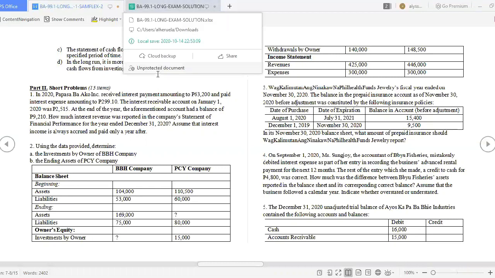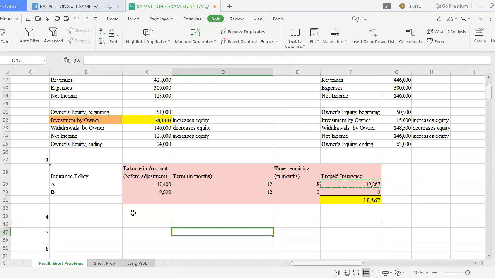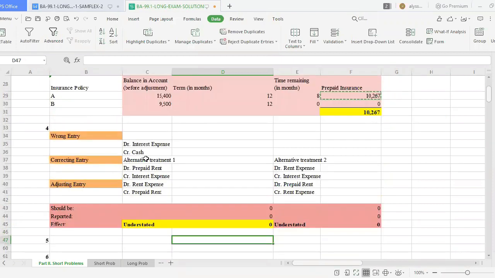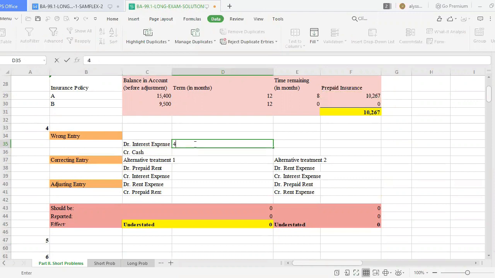So this number 4. So what the accountant did is that debited interest expense for 8 and cash for 8.